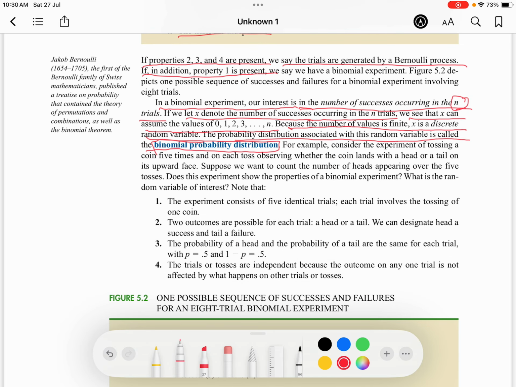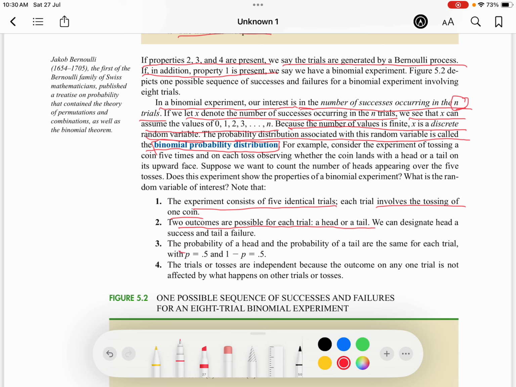Suppose the experiment consists of 5 identical trials. Each trial involves tossing one coin. Two outcomes are possible, a head or a tail, and consider a head a success and a tail a failure.